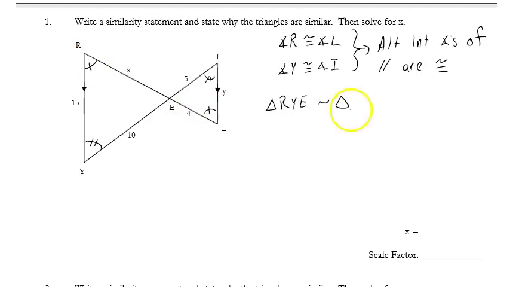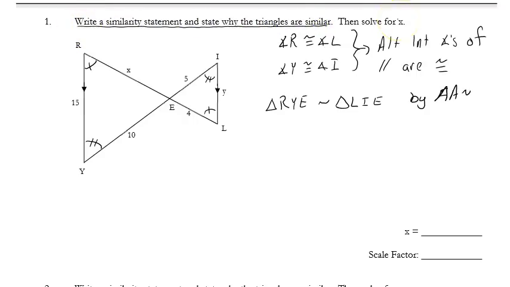R is congruent to L, so I started with R, I start with L. Y is congruent to I. Screwed that up. There we go. And then we end with E, by angle-angle similarity. So all I've done now is I've written a similarity statement and defended why.